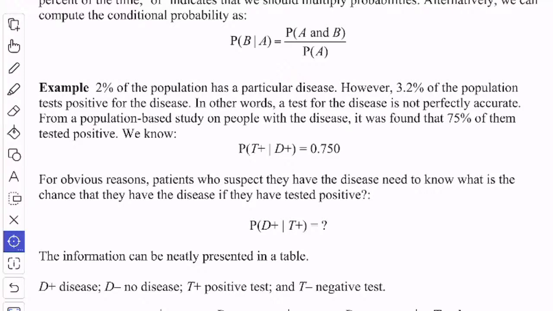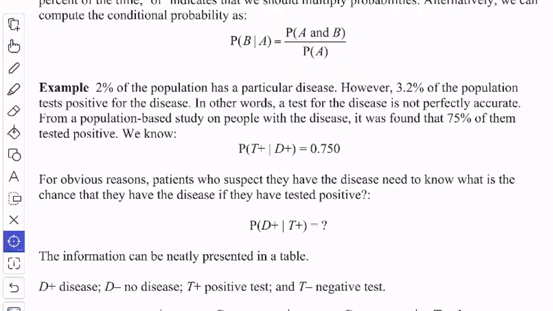So does anybody see a problem with that? What's the problem with this situation? 2% have a particular disease, but 3.2% of the population tests positive. What does that tell you?